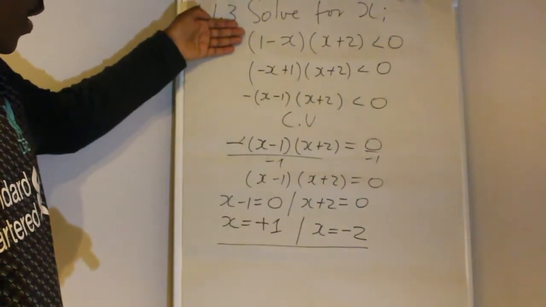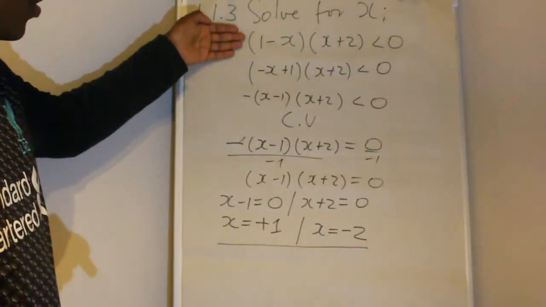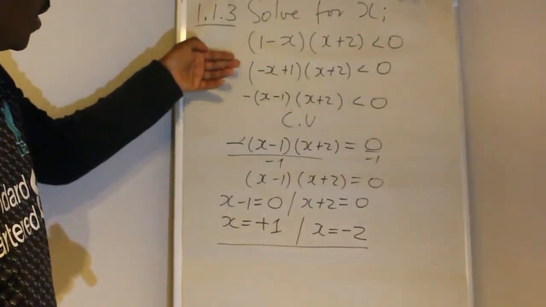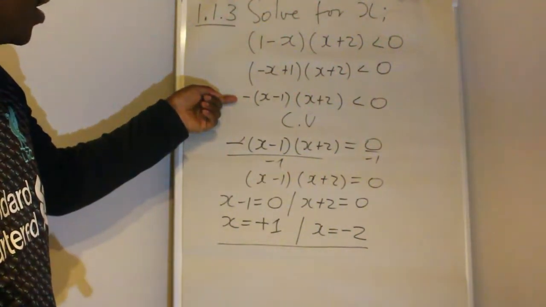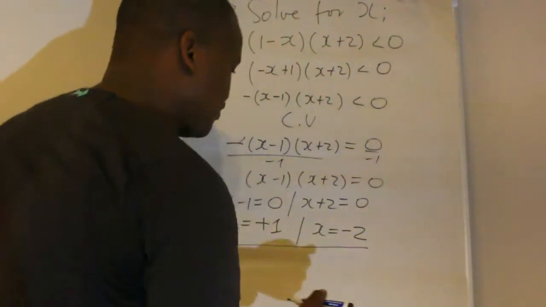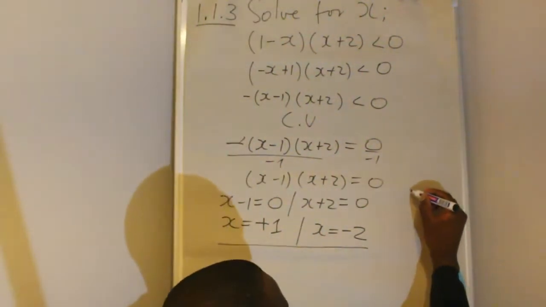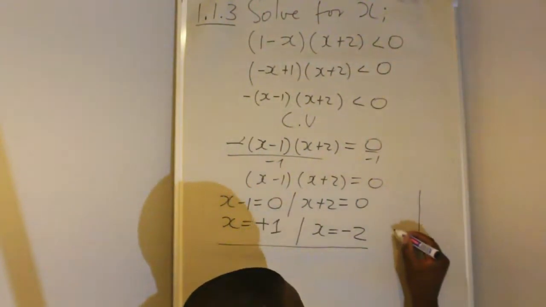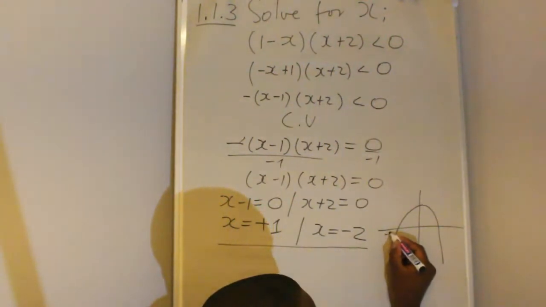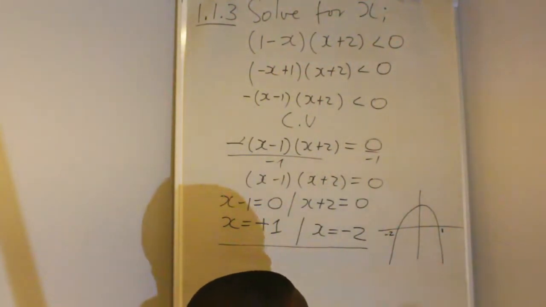We said this equation is a quadratic equation, and after we manipulated it, we saw that it's a negative quadratic. This is how a negative quadratic looks, something like this. You will have negative 2 here and 1 there.